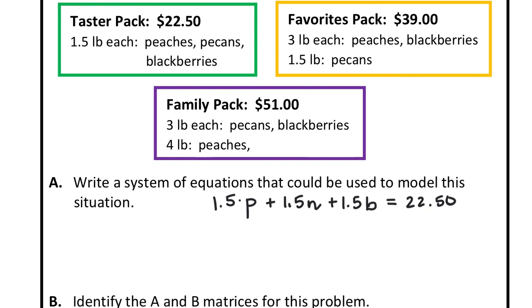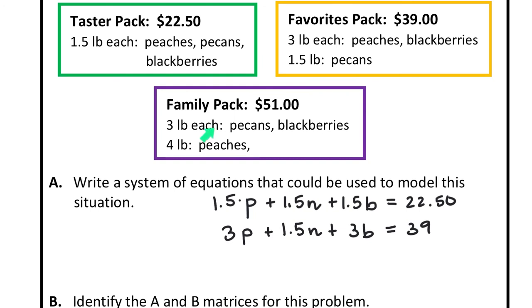Now if we look at the favorites pack, it's 3 pounds for peaches and blackberries, and 1.5 pounds for pecans. So that's going to be 3 pounds for the peaches, plus 1.5 for the nuts, plus 3 for the blackberries is $39.